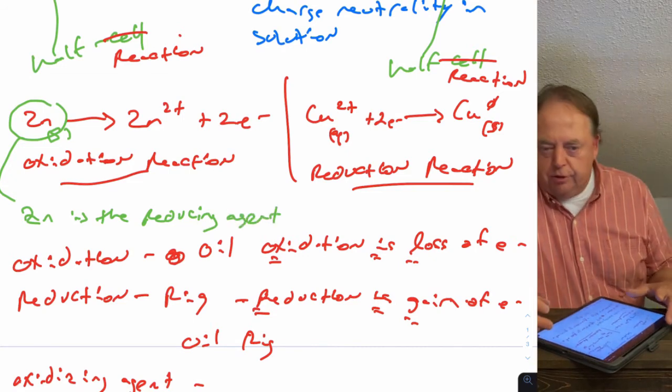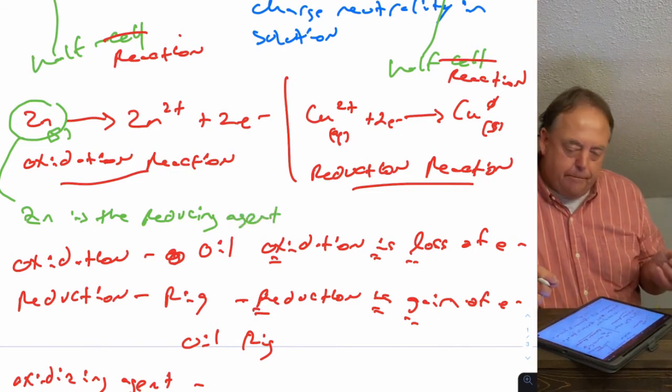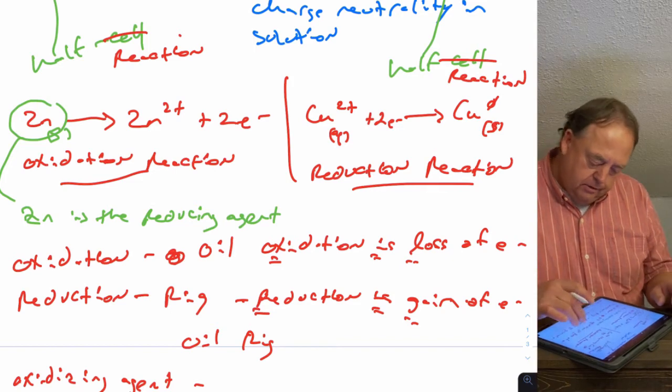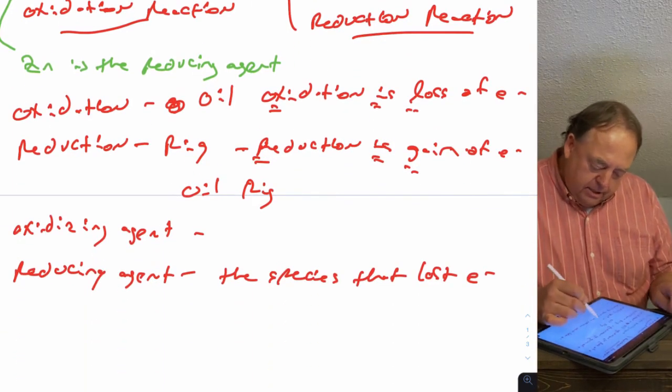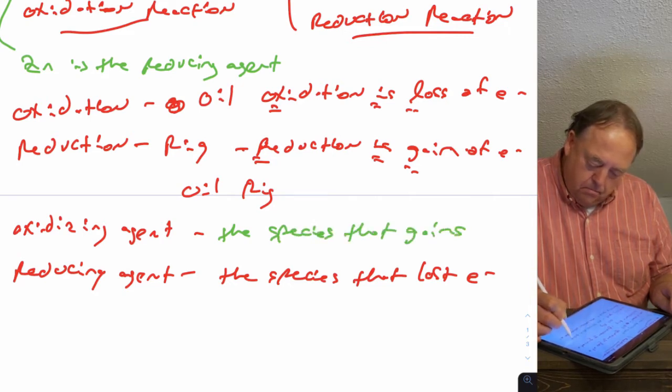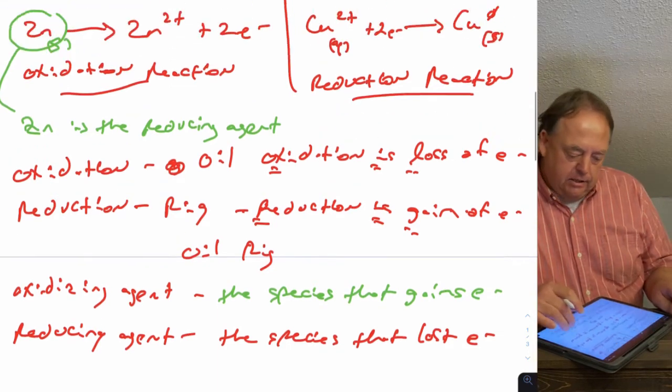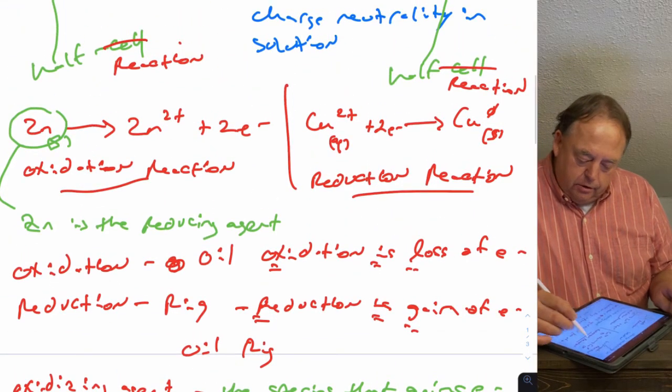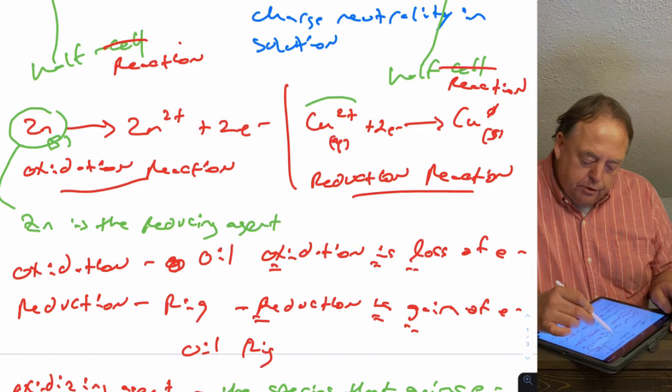So it is known as the reducing agent. It is the exact compound that lost electrons. And the oxidizing agent is the species that gains electrons. So it's not copper, right? It's copper 2+.